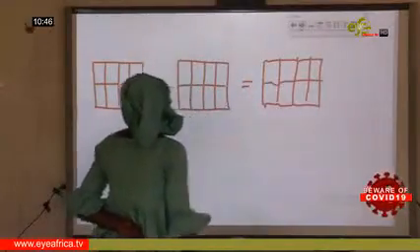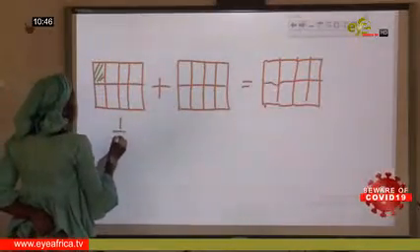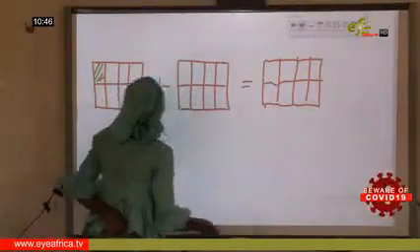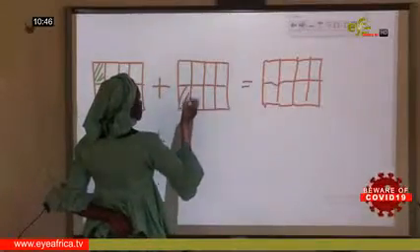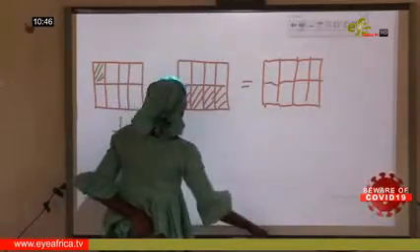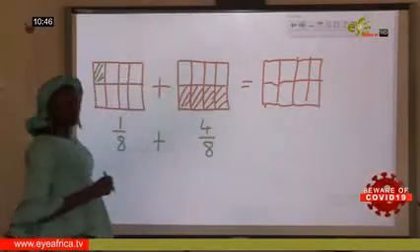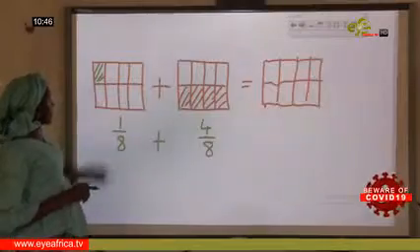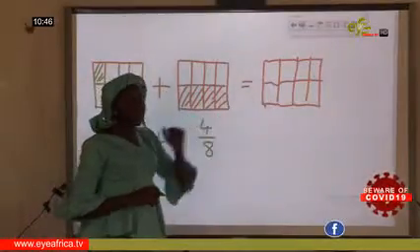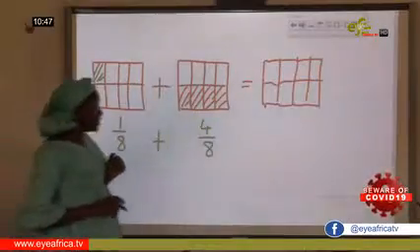Now, if I say here 1/8 plus 4/8, our answer is going to be what? 1/8 plus 4/8. Here, how many portions would be shaded? It is going to be 5 portions.